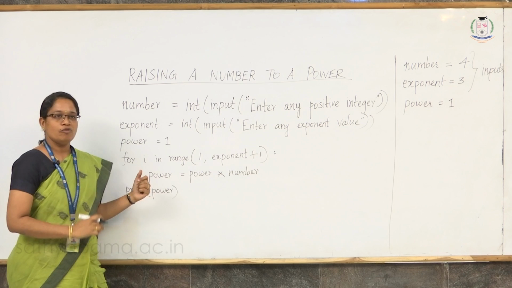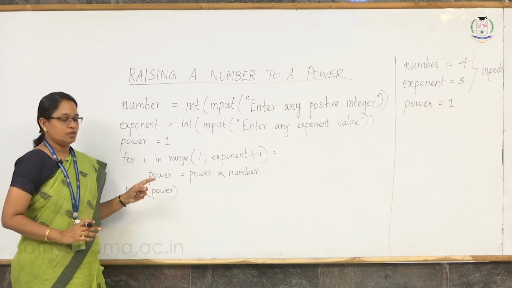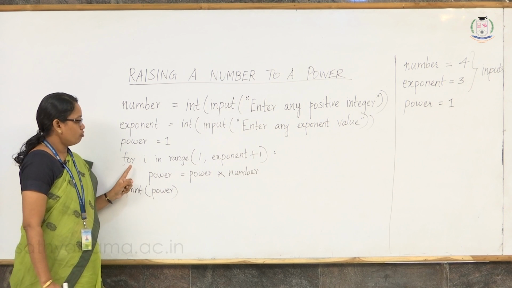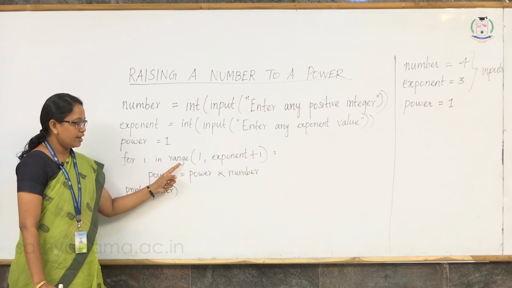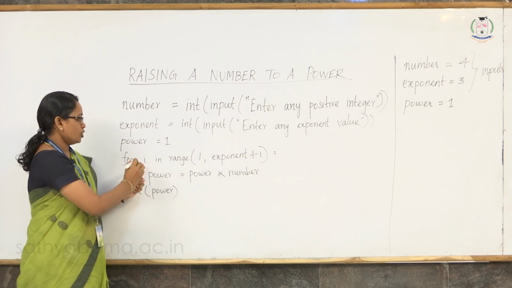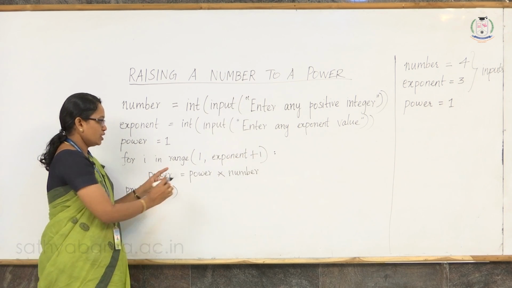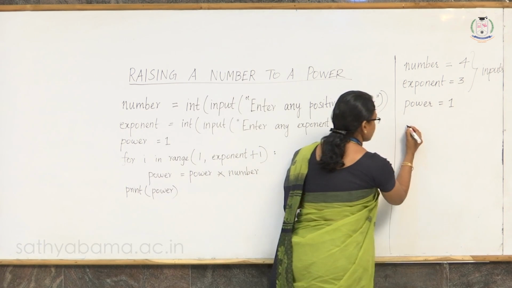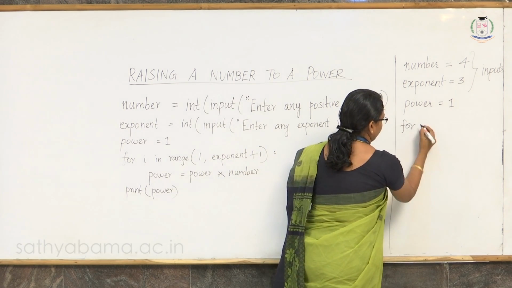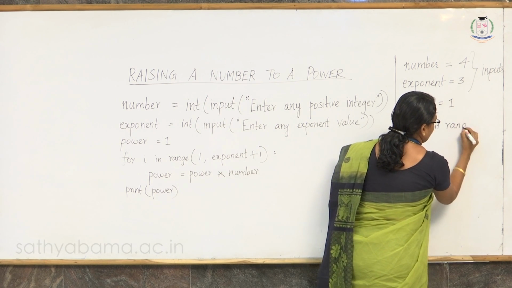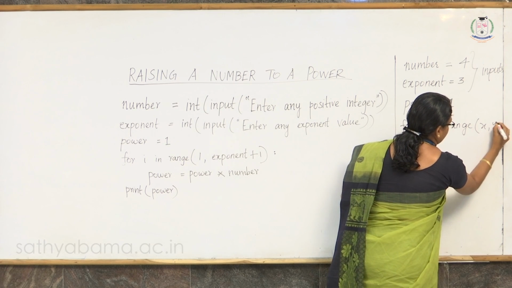Using a for loop, we are computing the power. Let me explain the for loop: for I in range 1 comma exponent plus 1. Here I is a variable, and the syntax for this for loop is for I in range x comma y.